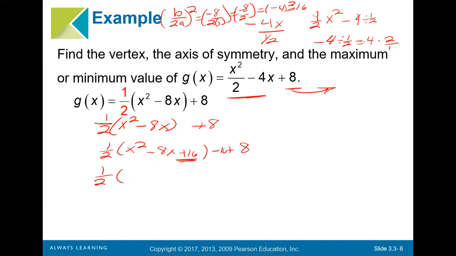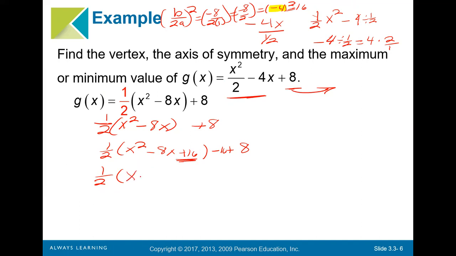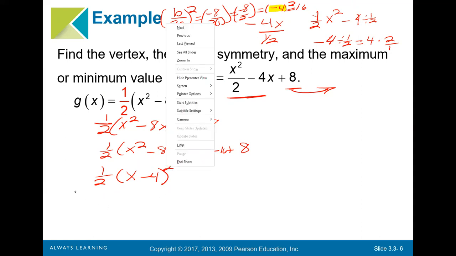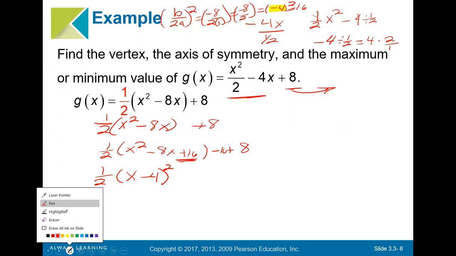So again, if I come back, let me show you right before we squared it, after it's cleaned up right here and before we square it, that's my answer in this parentheses. So I got x minus that 4. And then I'm going to put the square right here. Okay. And now I got, sorry guys, I skipped a step.